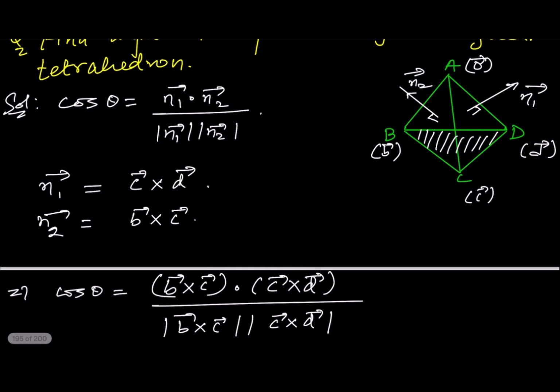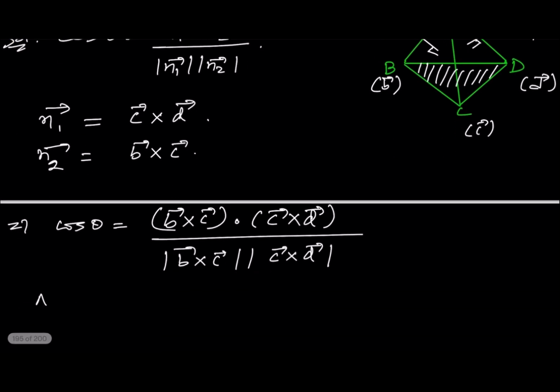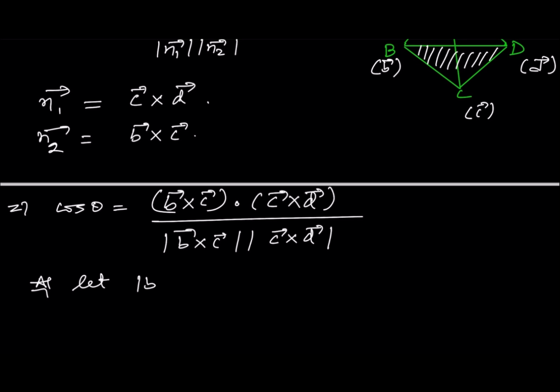Also this tetrahedron is a regular tetrahedron, so each edge is equal to k, we are assuming. Also let mod b is equal to mod c is equal to mod d is equal to say k, right?